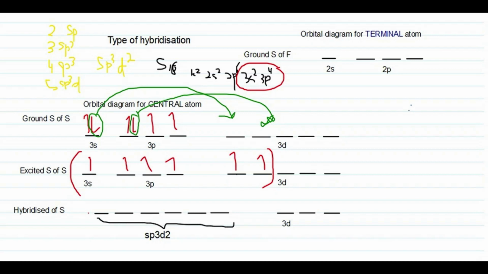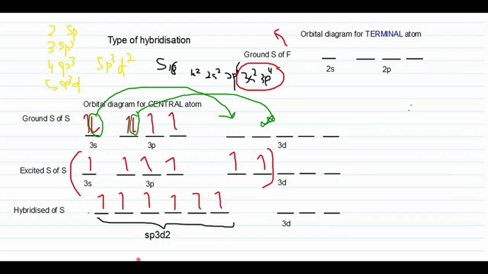And then we will draw the electrons: 1, 2, 3, 4, 5, 6. This hybrid orbital will then overlap with the terminal atom, fluorine. So now we're going to see the orbital diagram of fluorine.